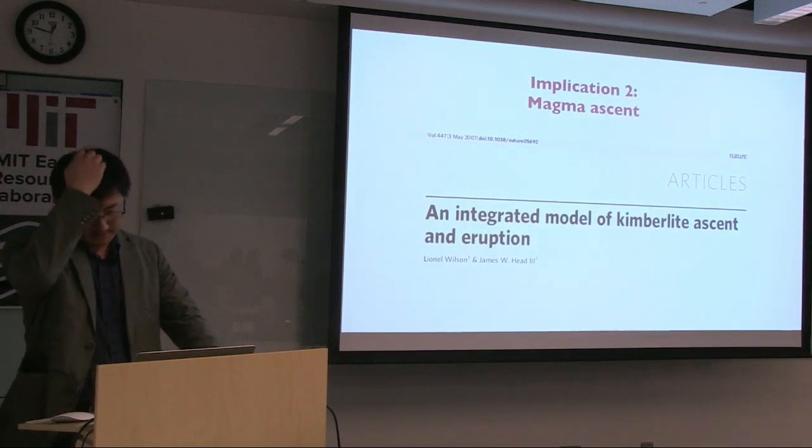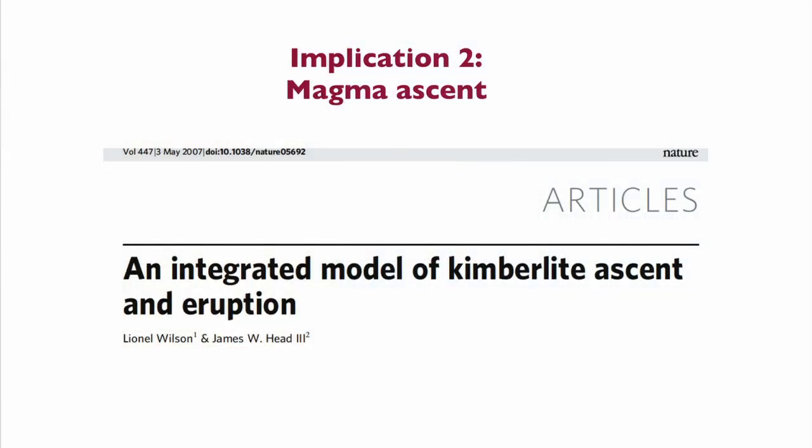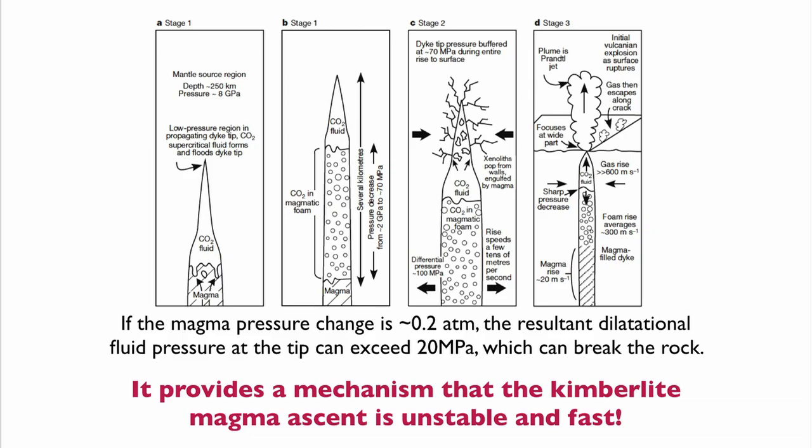The second implication, which is a little bit of wild imagination, is the kimberlite: how can the diamond come up through like 100 kilometers of thick rock? Okay, they are solid. How can they come up in the mantle under such large confining pressure?